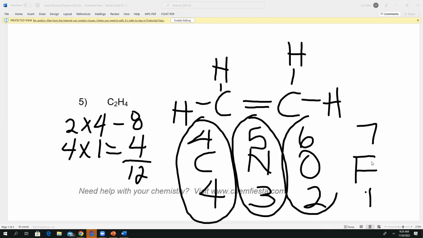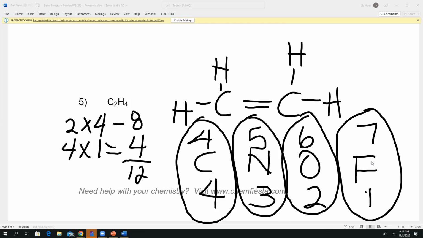Oxygen has 6 electrons, it wants to make 2 bonds. Fluorine has 7 electrons, it only wants to make 1 bond. And that's for every one of those. It just kind of helps you put things together. You notice how carbon has 1, 2, 3, and 4 bonds, right?